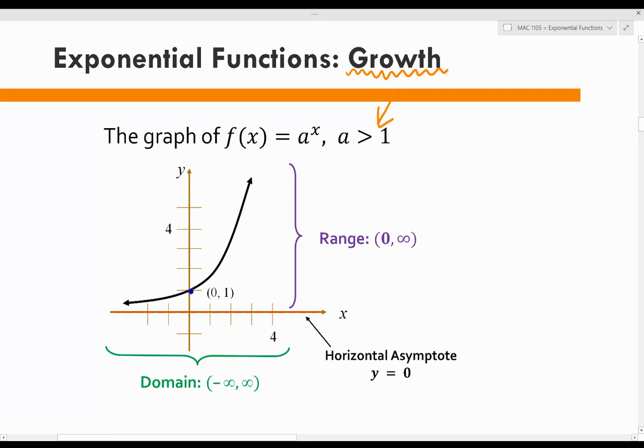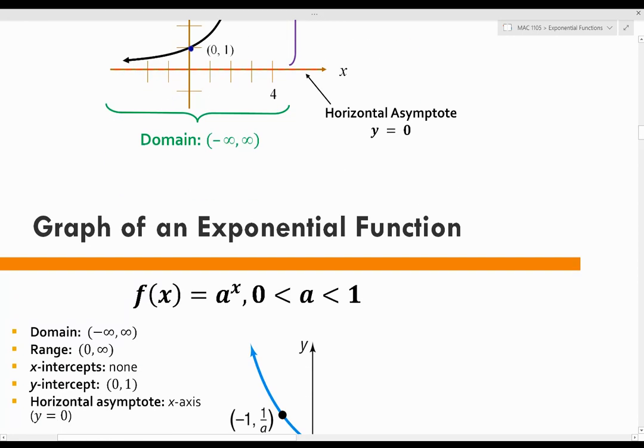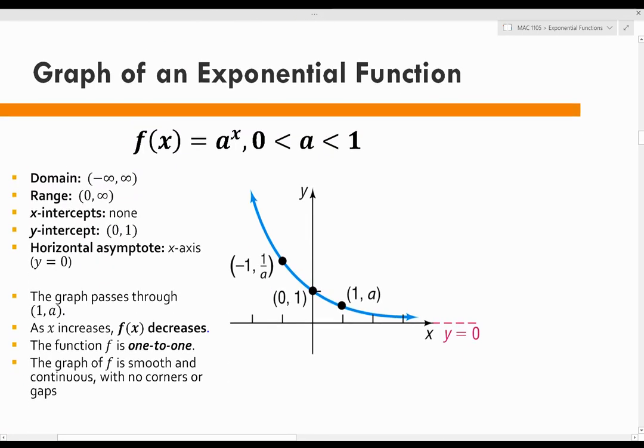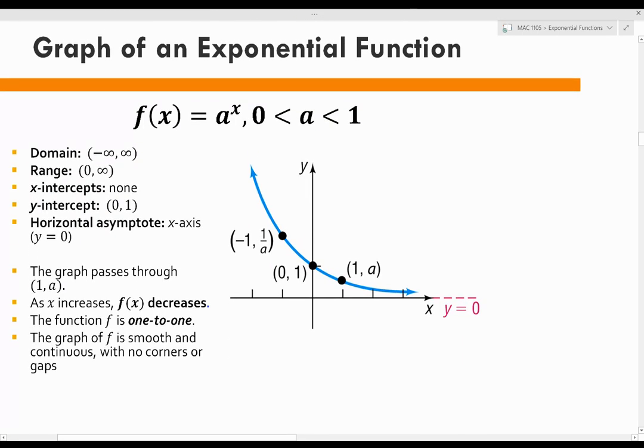All right, now let's look at the second scenario. We will have this exponential function graph if our base is between 0 and 1. This one has similar properties. You'll notice that this graph is decreasing as we move from left to right. It has the same domain and the same range as the previous one.